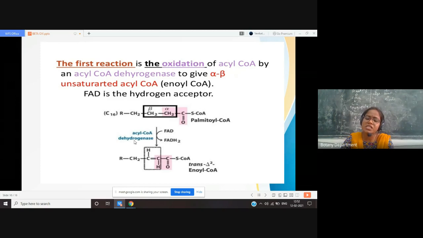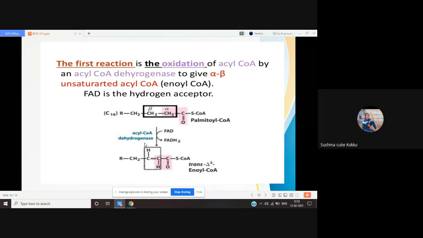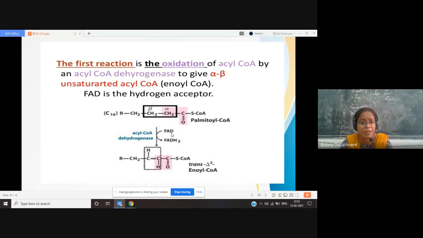And here the enzyme is acyl CoA dehydrogenase. What is the enzyme involved here? Acyl CoA dehydrogenase. And the reaction happens in the presence of FAD, which is a hydrogen acceptor. Here FAD is getting converted to FADH2.